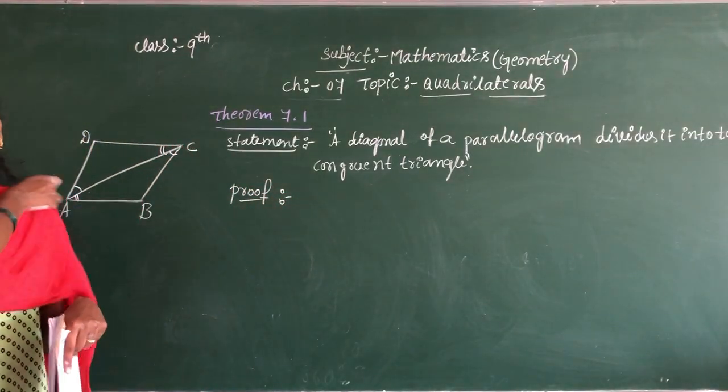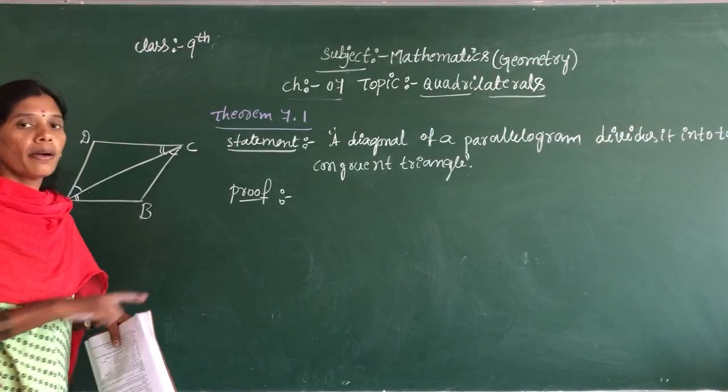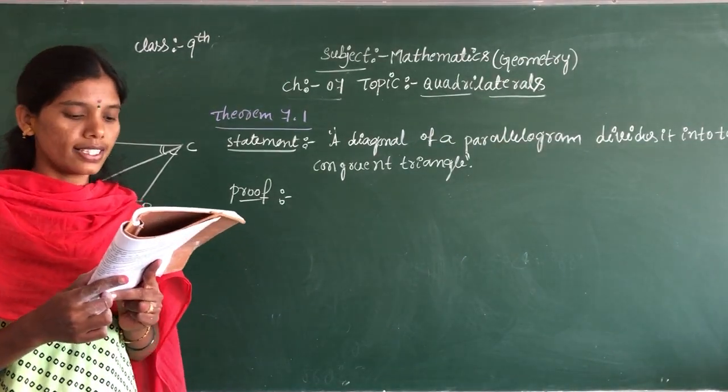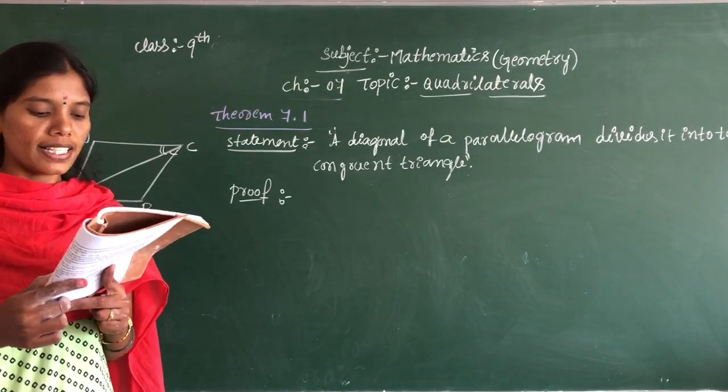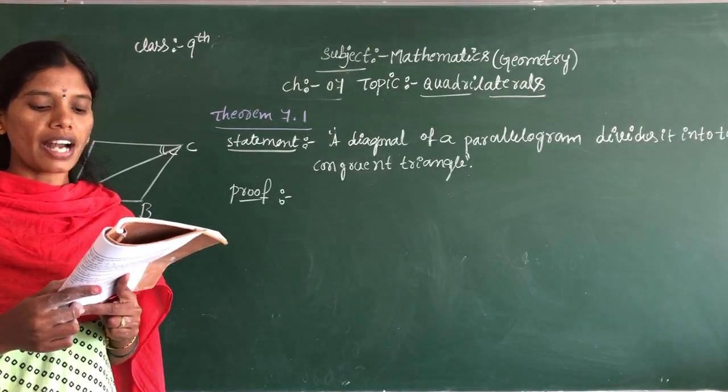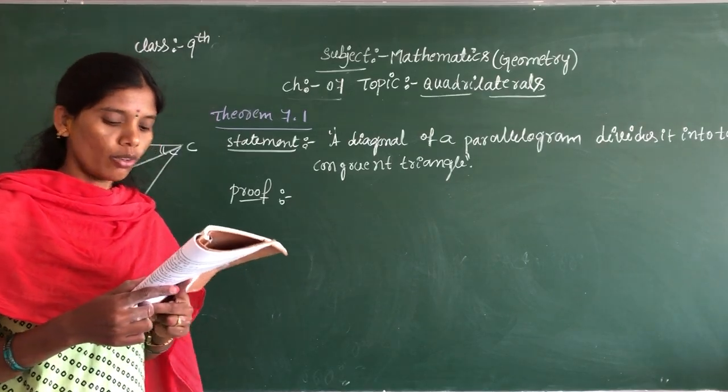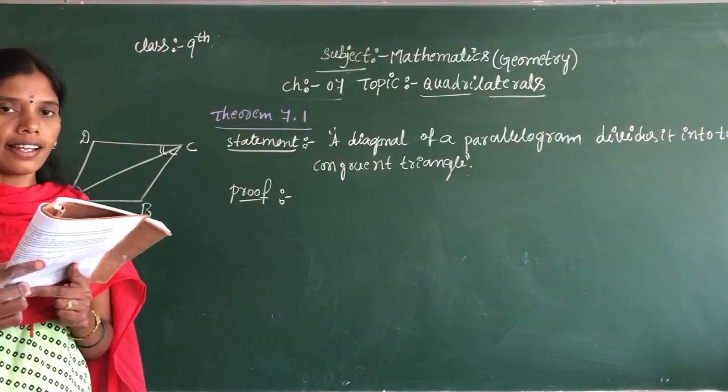Okay children, ABCD is a parallelogram. You see that, children, open page number 121. Let ABCD be a parallelogram and AC be a diagonal. Observe the diagonal AC.